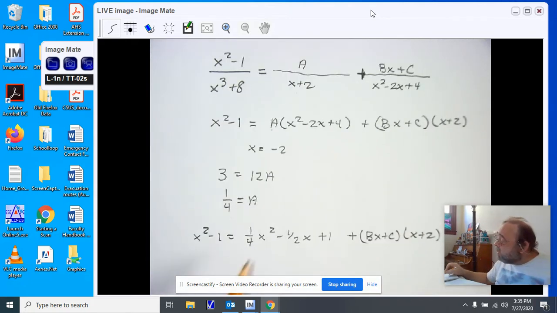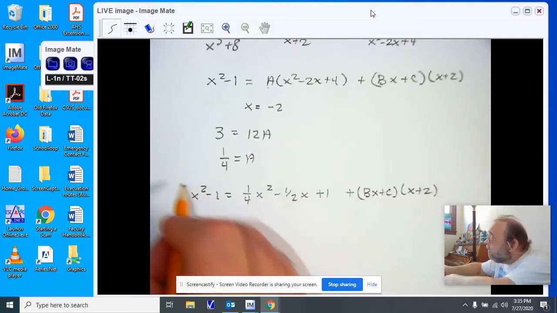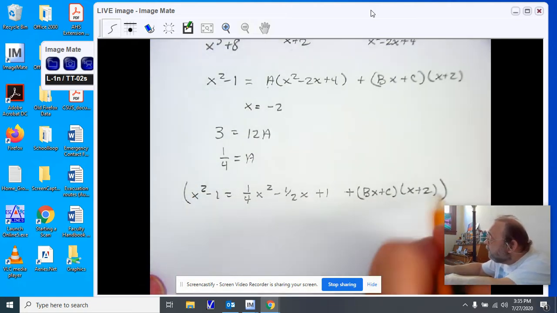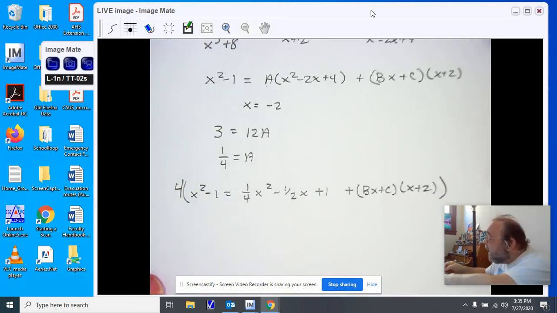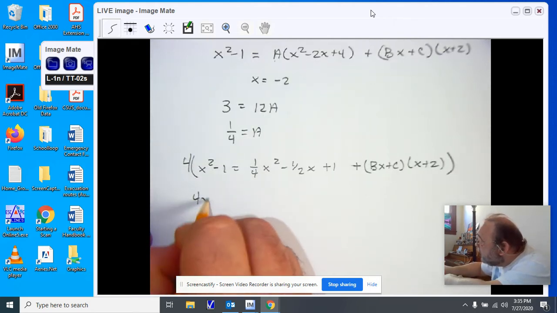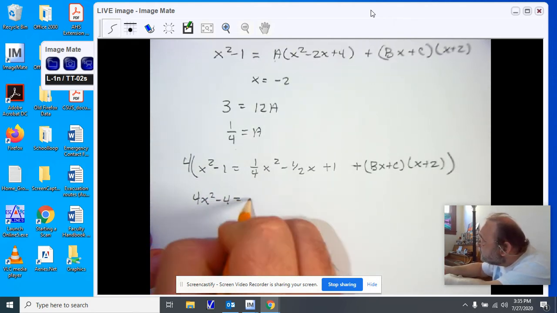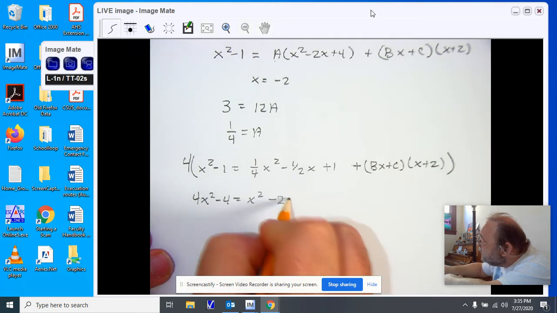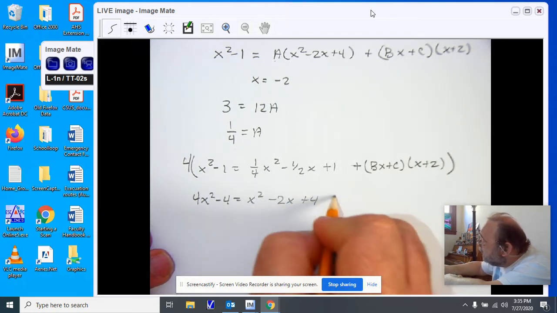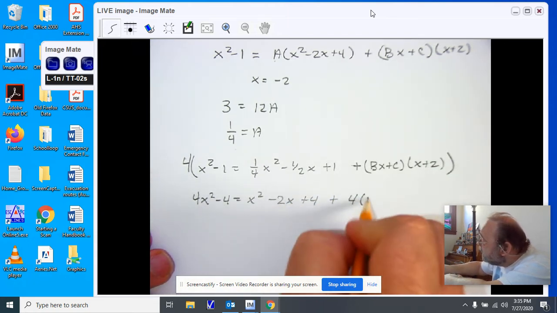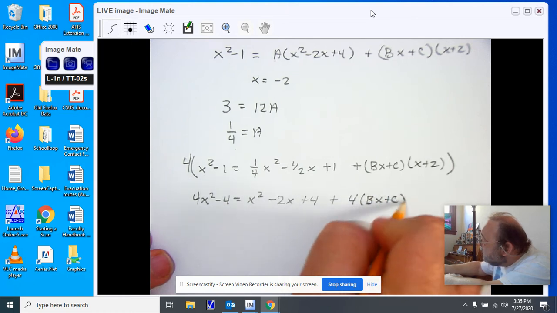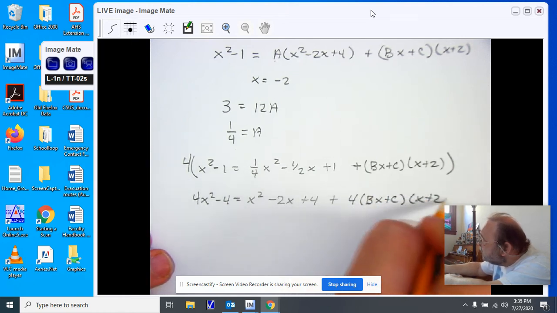I'm now going to need to move all of these three terms over, but I don't really like those fractions. So what I'm going to do is multiply by 4, and this will get rid of the fraction so that I have 4x squared minus 4 equals x squared minus 2x plus 4, and we now have 4 times bx plus c, x plus 2.